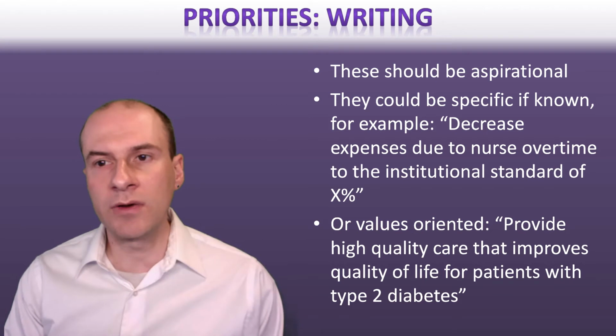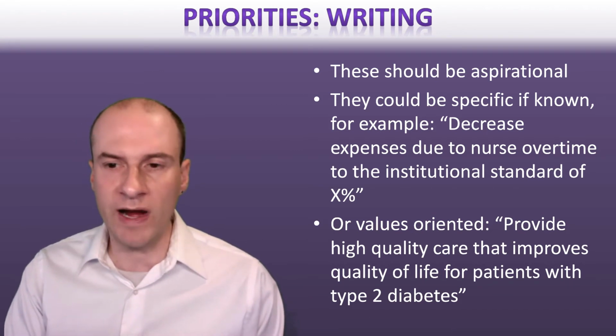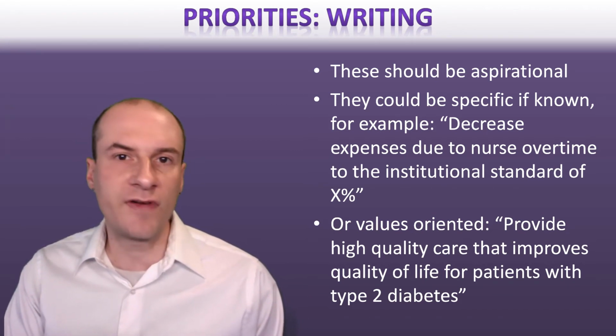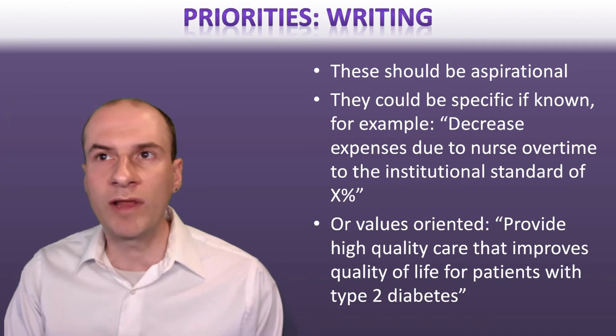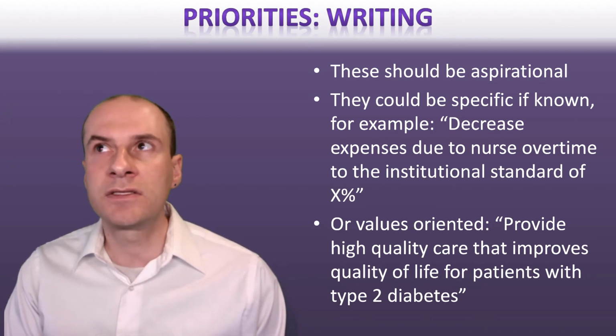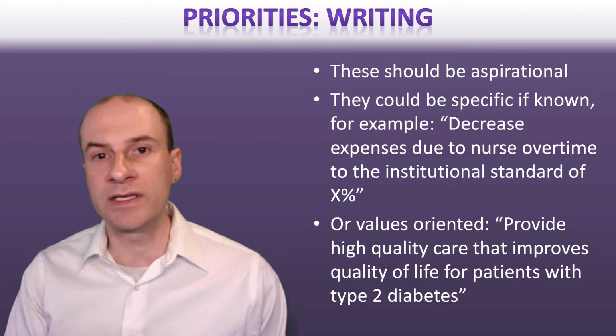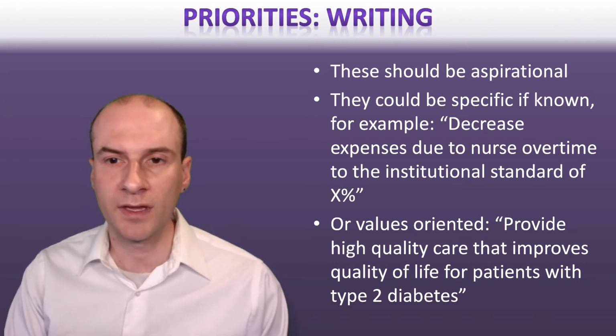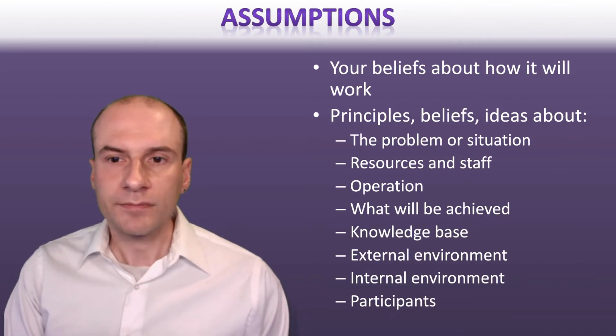So this is just a way that you could write those out. Again, being fairly brief, but giving the idea of what the values, desires, and priorities are for this institution going forward.